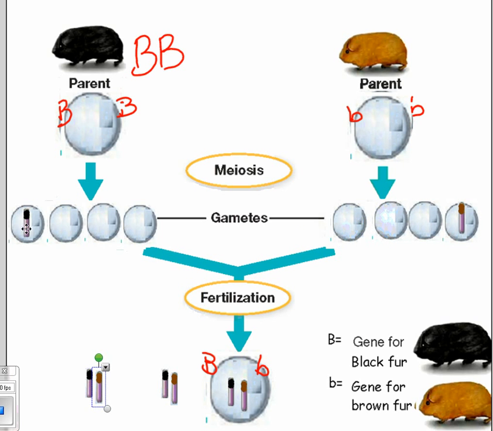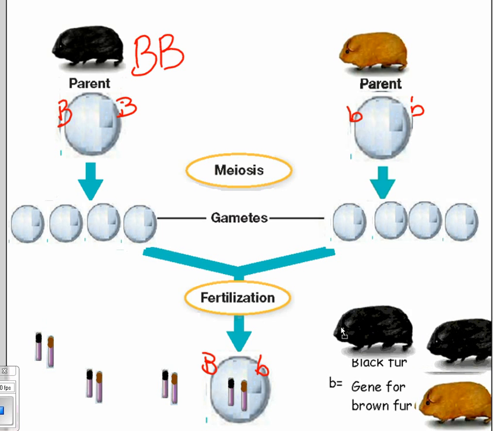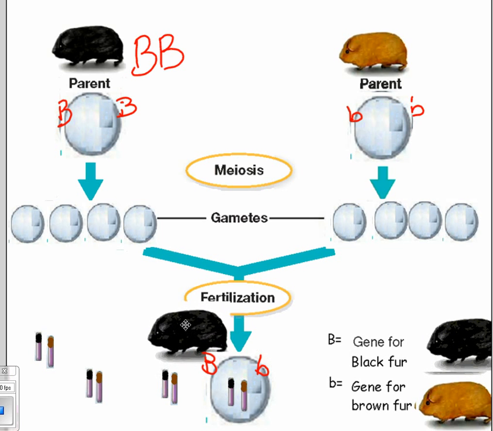So no matter which ones randomly met up, we would end up with all the same, wouldn't we? And what all of them are is a dominant and a recessive. What would all the babies look like? If black is dominant, then all the babies would be black.